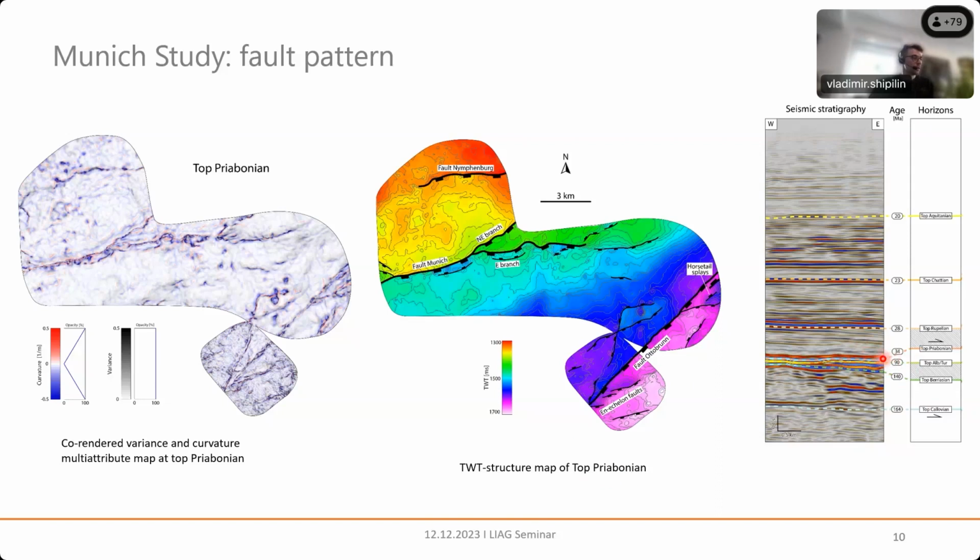So this horizon served as a quite good base to interpret the fault pattern.